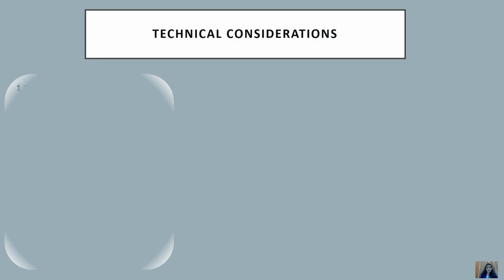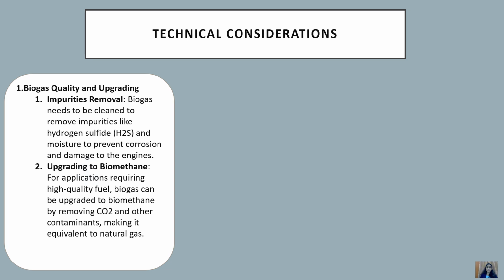So in the technical considerations, we come across biogas quality and upgrading, that is impurity removal. Biogas needs to be cleaned to remove impurities like hydrogen sulfide and moisture to prevent corrosion and damage in the engine.